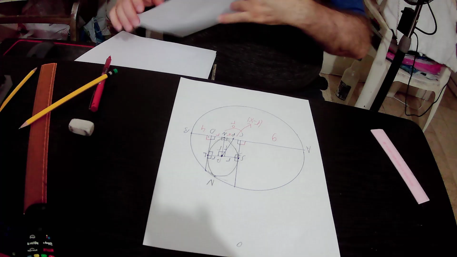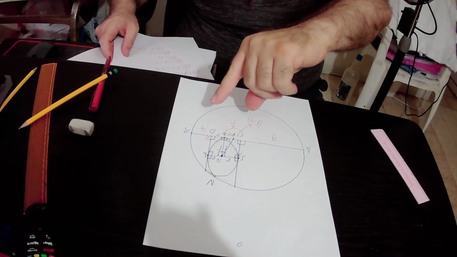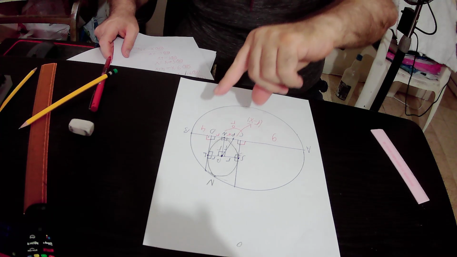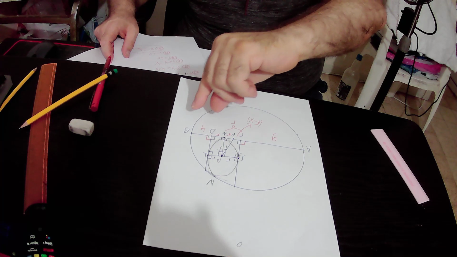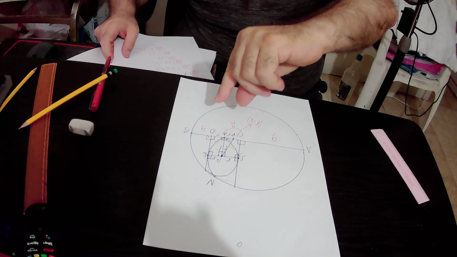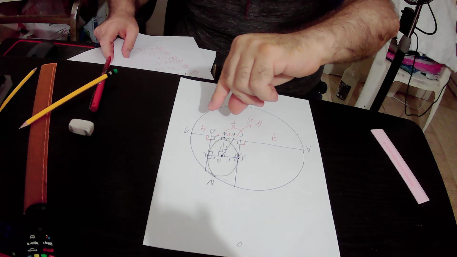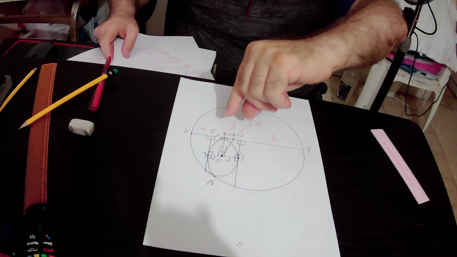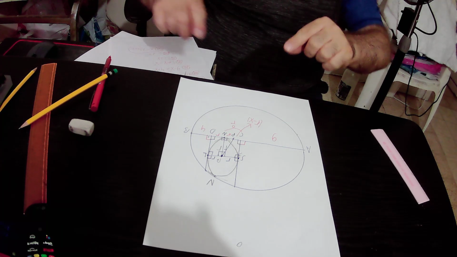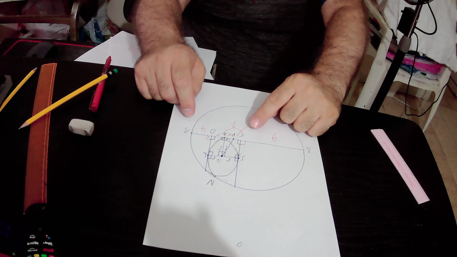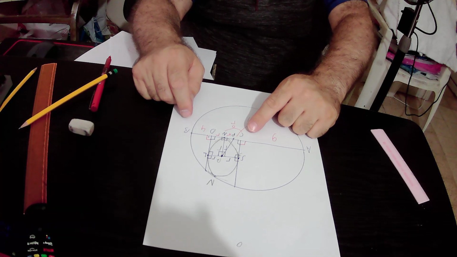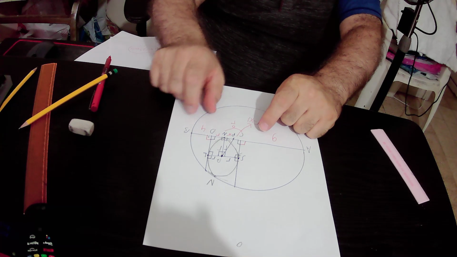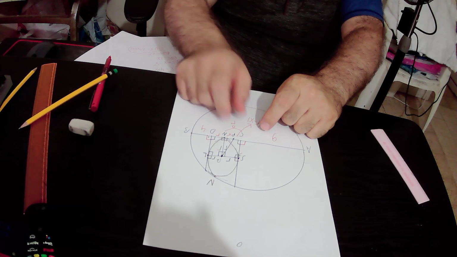Then we calculated the radius of the big circle from the left side of the circle, and it equals BD plus ND plus PN.